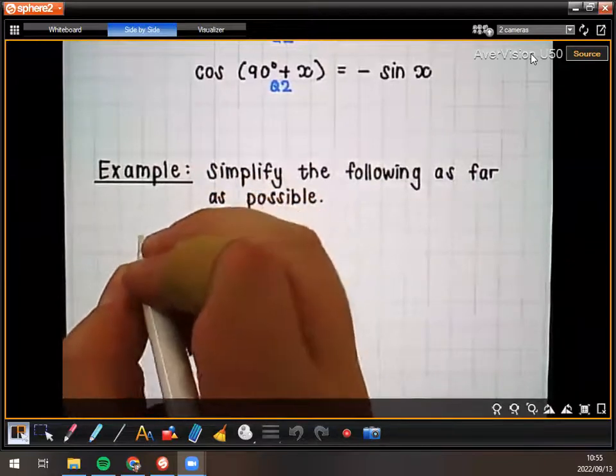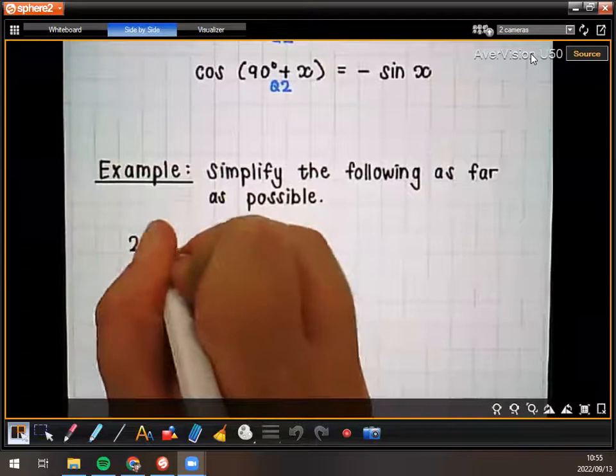Okay, so it is a fraction that I'm just going to write over 2 lines.